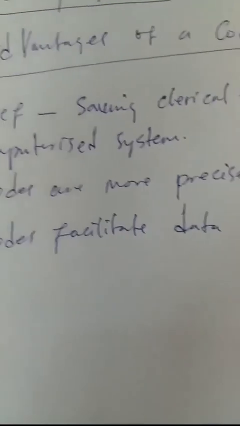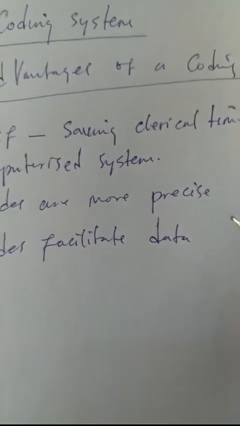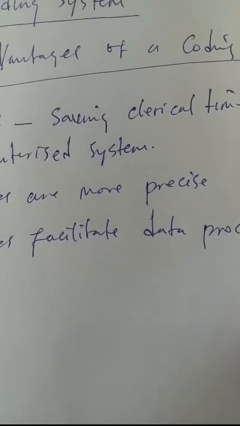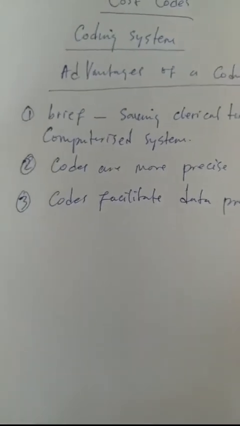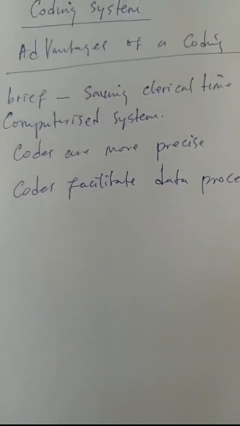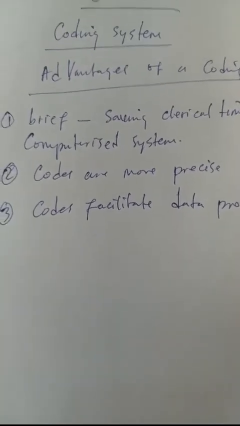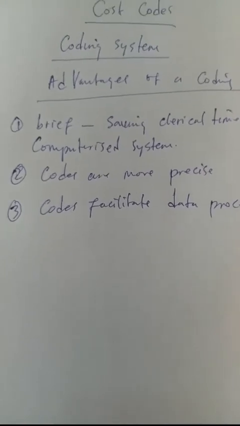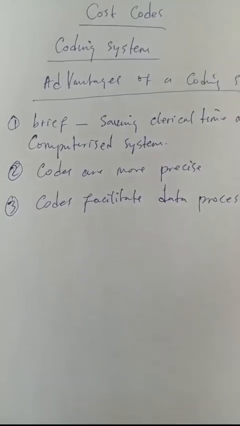It's easier to work with codes, even in the computerized system. Those are the advantages of why you need to develop a coding system. Basically, there are no restrictions. It's up to you as a company how you choose to make your coding system.